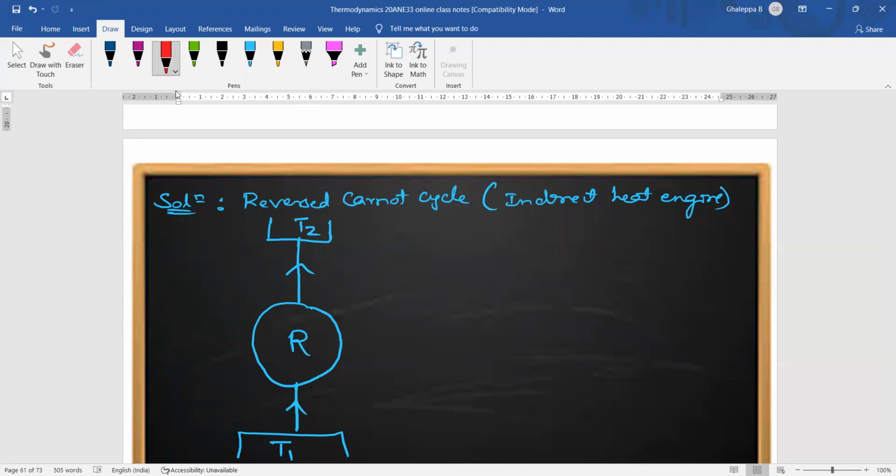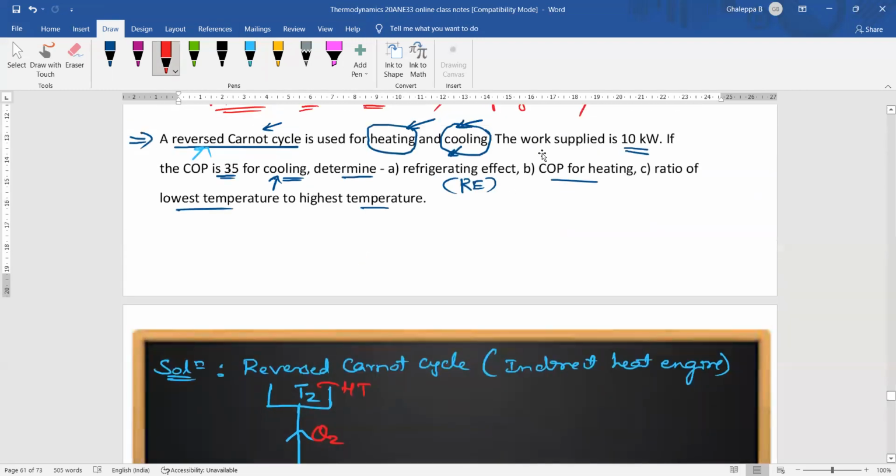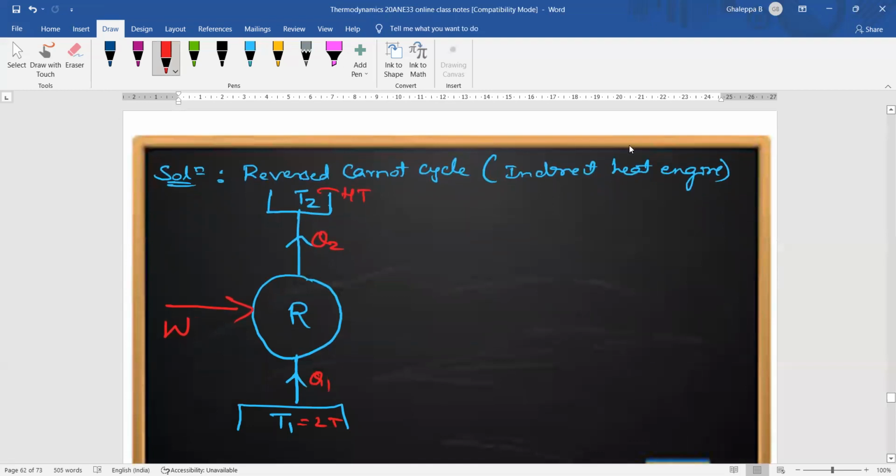Here this absorbs Q1 amount of heat from the low temperature reservoir and rejects Q2 amount of heat to the high temperature reservoir by absorbing some external work. So how much external work has he given in the statement? The work supplied to the engine is 10 kilowatt. So W, the work, is 10 kilowatt.